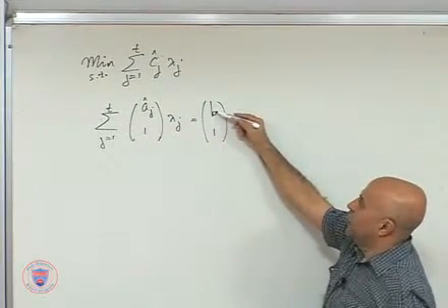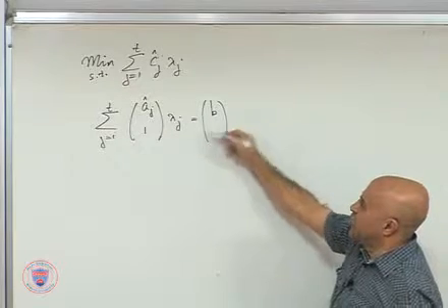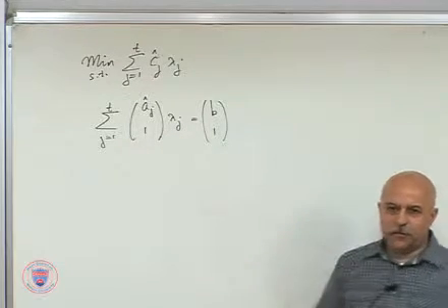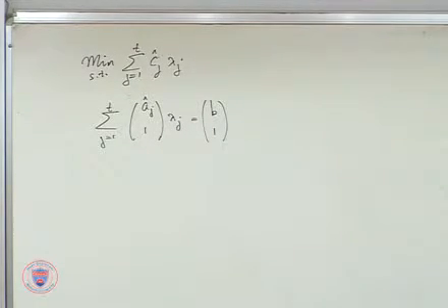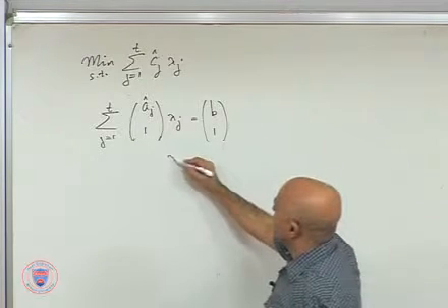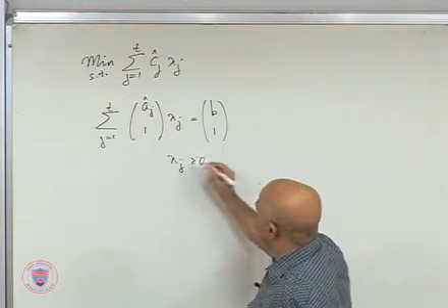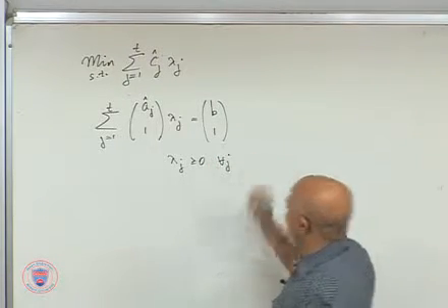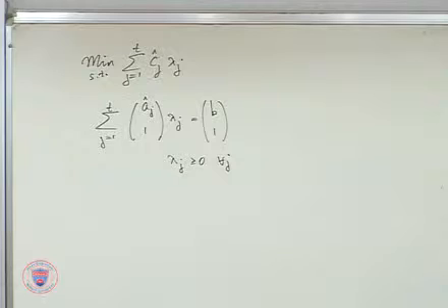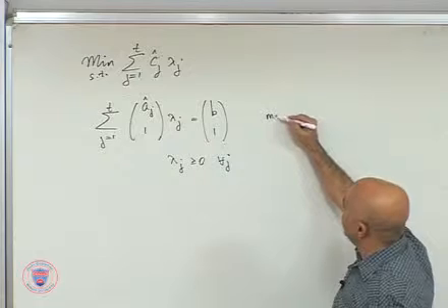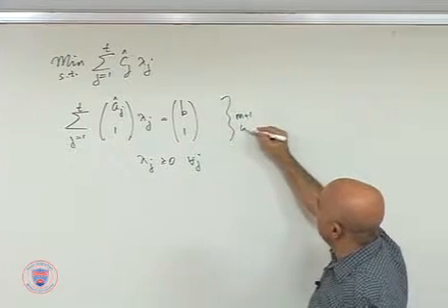On the right side, you've got the vector b, but for the last component they should add up to 1. Plus lambda as a vector or as variables, they are non-negative. How many constraints do I have here? I have m plus 1 constraints.